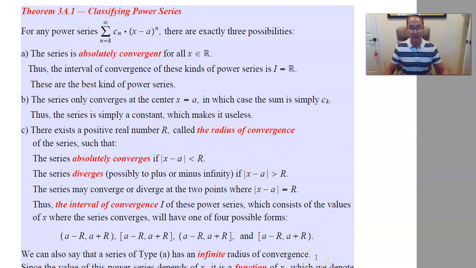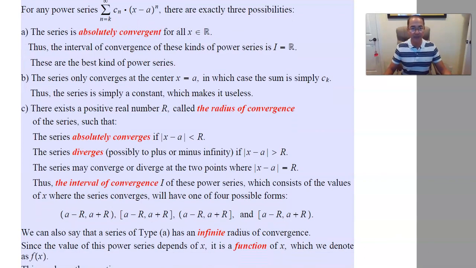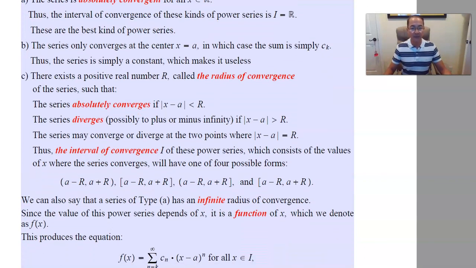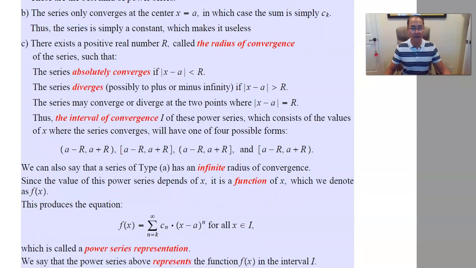The big example that we had, it was convergent from minus 7 to 3, including 3, but not including minus 7. Okay, so this is the behavior in general. There is some real number r, which is called the radius of convergence.